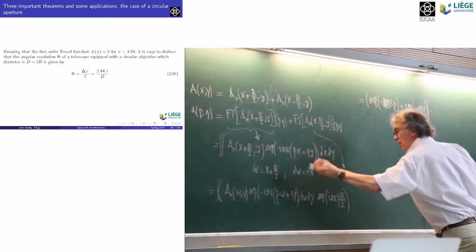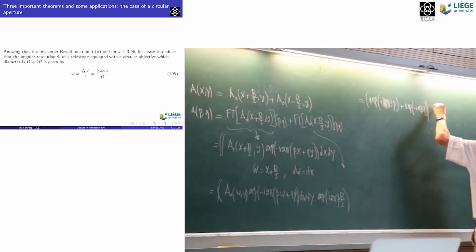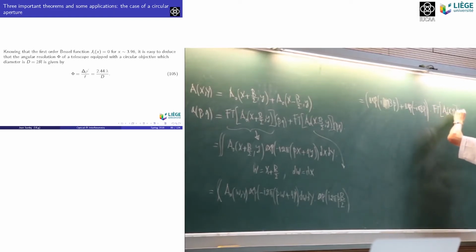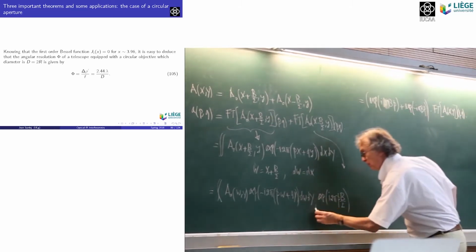And this is just the Fourier transform of A0 of xy, which depends on the variable p, q. Yes? So this is what is represented here.